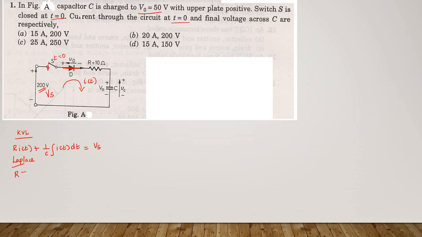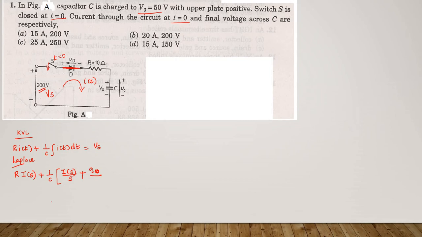The equation is R I(s) plus 1 by C into I(s) by s minus, both are opposing, this direction of current and this voltage are opposing each other, so that is minus Q0 by s, that is equal to Vs divided by s.